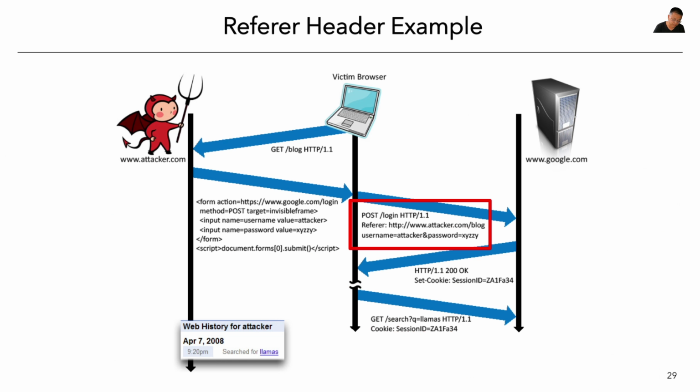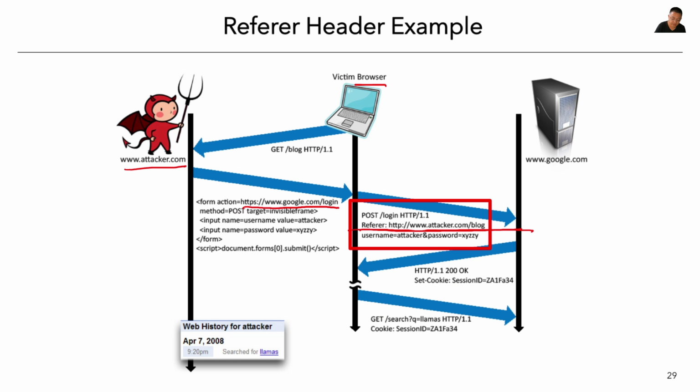So here is an example. We have talked about this before. When the victim browser tries to visit attack.com, and attack.com tries to launch the attack into google.com on the victim's browser, the server can look at this request, especially this field in the header, the referral. So this request comes from attack.com.